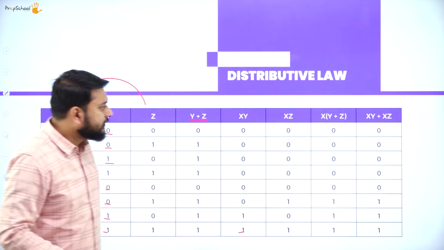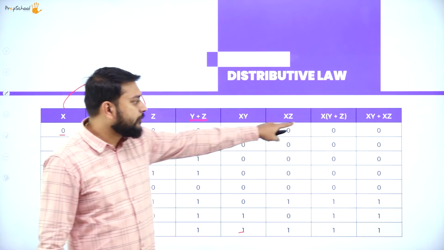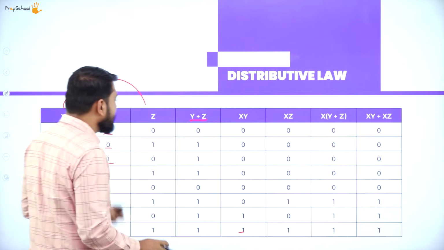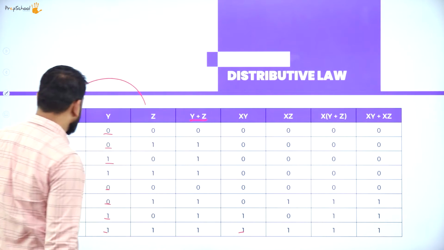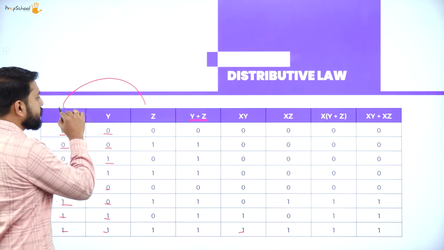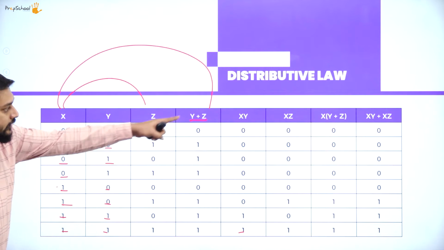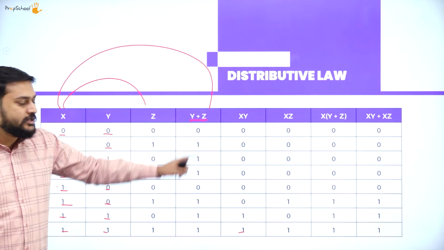Then after that, I will be performing this operation: x into y plus z. Please observe, that's what I'm performing for the last row. 0 into 0 should be 0.